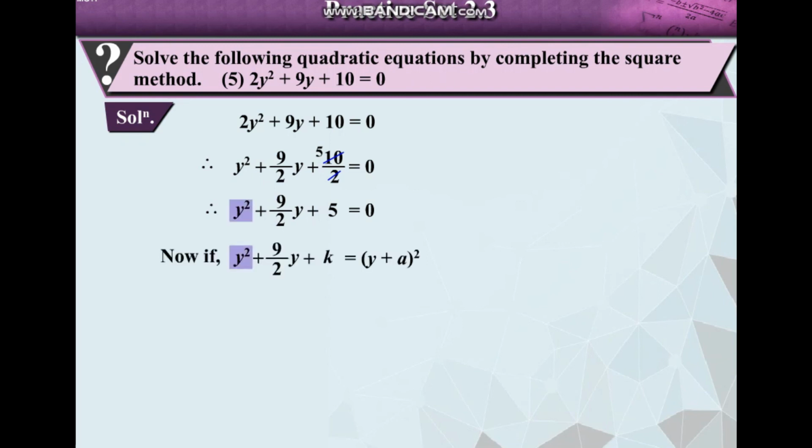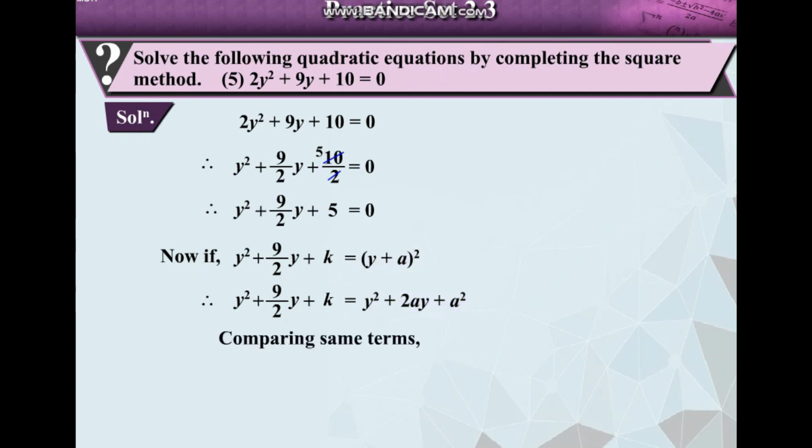Now, if y square plus 9 upon 2y plus k is equal to y plus a the whole square, therefore y square plus 9 upon 2y plus k is equal to y square plus 2ay plus a square. Comparing same terms, 9 upon 2 is equal to 2a and k is equal to a square.